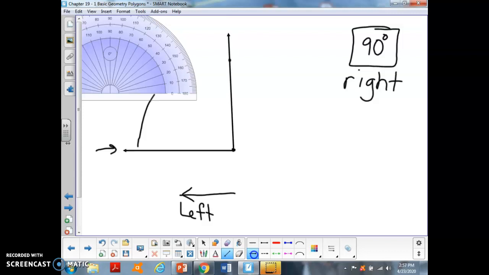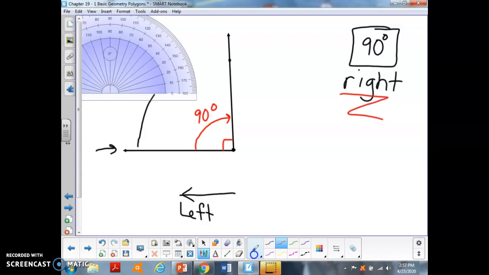There's our 90-degree angle. Okay? So from here, I put a little box in to show it's 90, but from there to there, 90 degrees. And that is, as I said, a right angle.